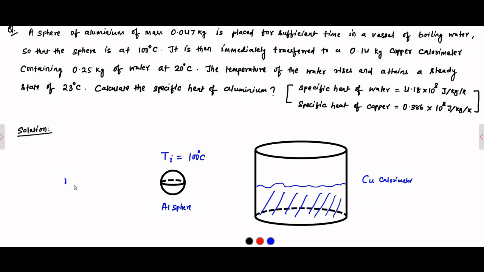The mass of the aluminium sphere is 0.047 kg. Mass of the copper calorimeter is 0.14 kg. And the mass of water in the calorimeter is 0.25 kg.